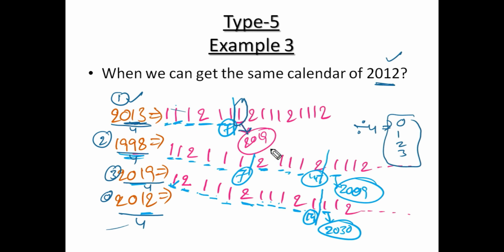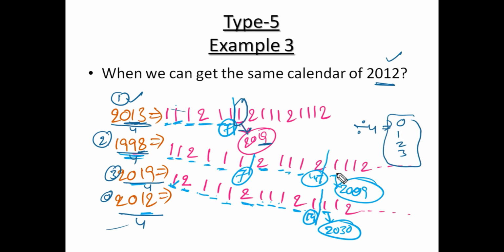2013 became 2019. How much is added? Yes, 6 is added. If the remainder is 1, directly by adding 6 we will get the answer. Next, for any year number with remainder 2, this sequence will be the same, right? Yes, the same.